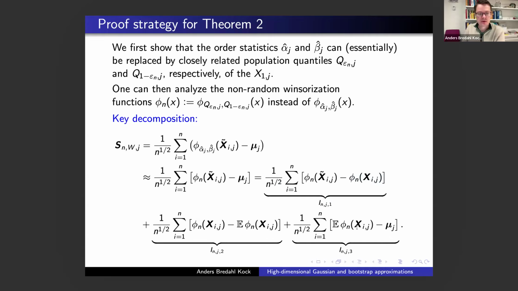The third term here somehow gives me the effect of quote-unquote wrong centering. So here I have subtracted not the mean of these guys here, but the mean of the uncontaminated data itself, the mu's.